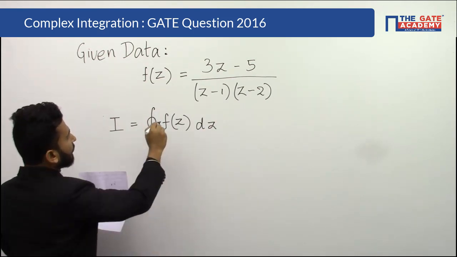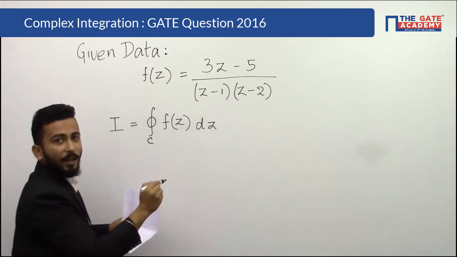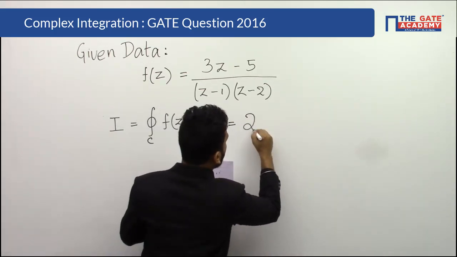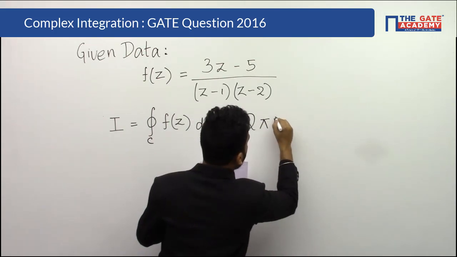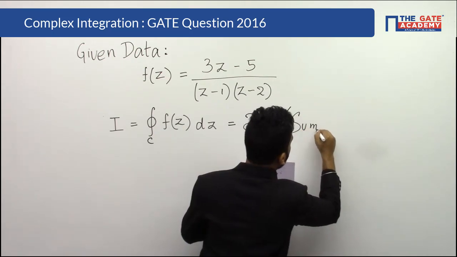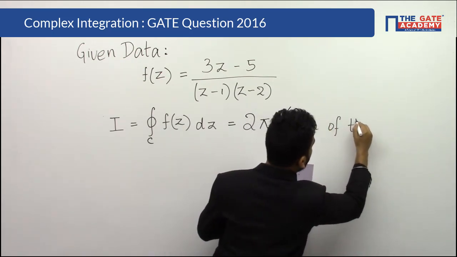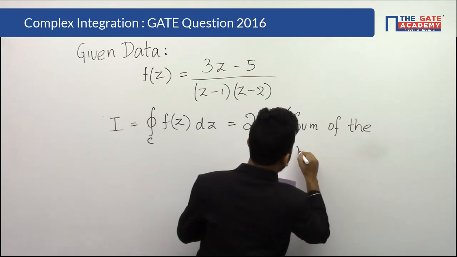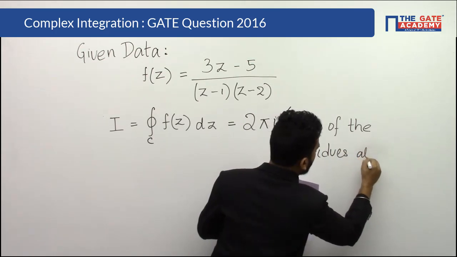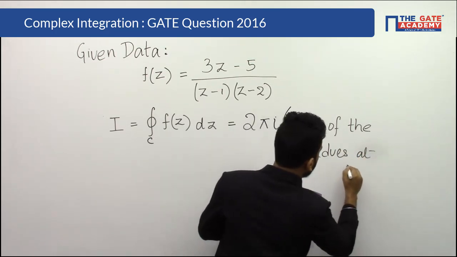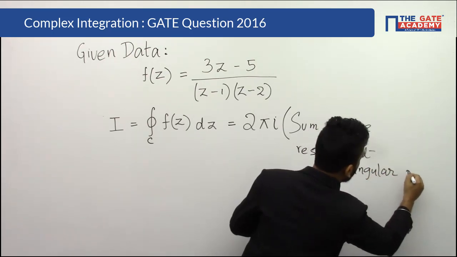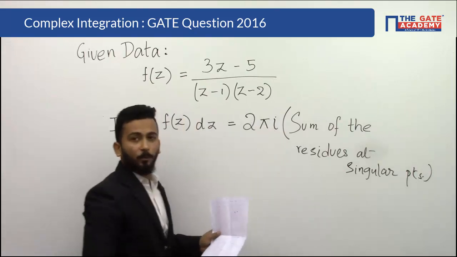So this is what is asked, where f(z) is what I have written here, equal to 2 pi i into the sum of the residues at singular points.